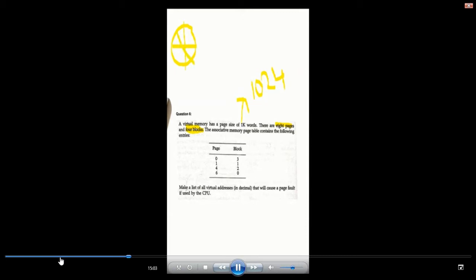So total you have 8 pages. Blocks are nothing but memory. Remember always, memory is always divided into frames. This is process P, and this is memory. I'm writing because I'm using a mouse to write it. It's very difficult to write with a mouse.